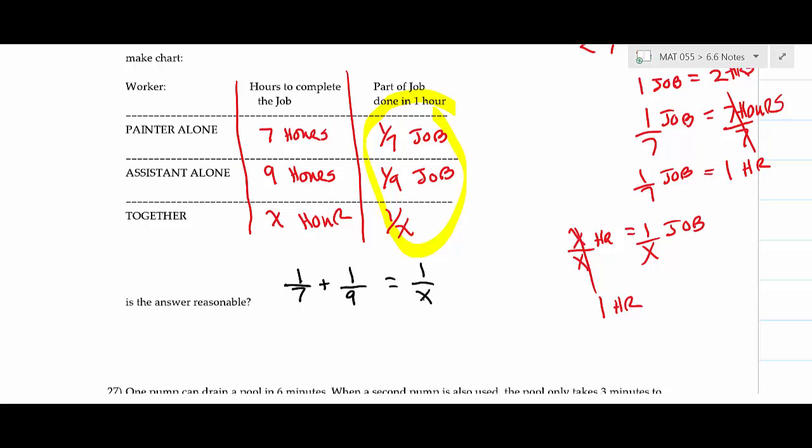Now we're going to solve this, then check it and see if it's reasonable. Before I solve this, let me ask you a question. We know that if it takes one guy 7 hours and the assistant 9, when they work together the answer is going to be less than 7. Yes. How much less than 7, though?